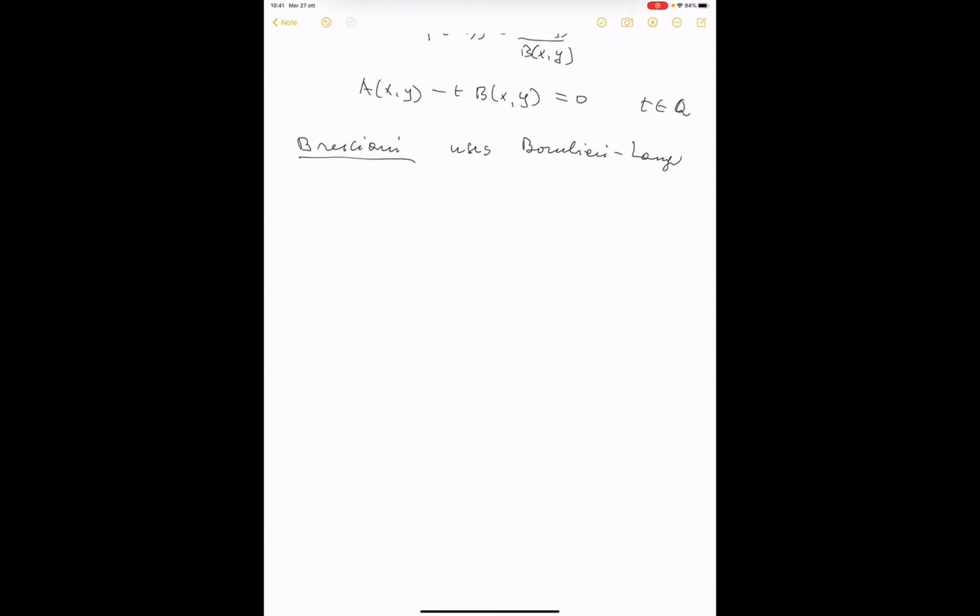A nice consequence of his analysis is that he can prove the following: there are no rational functions giving a bijection from Q squared to Q.